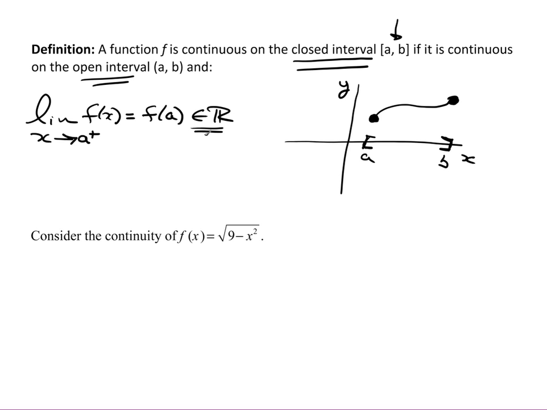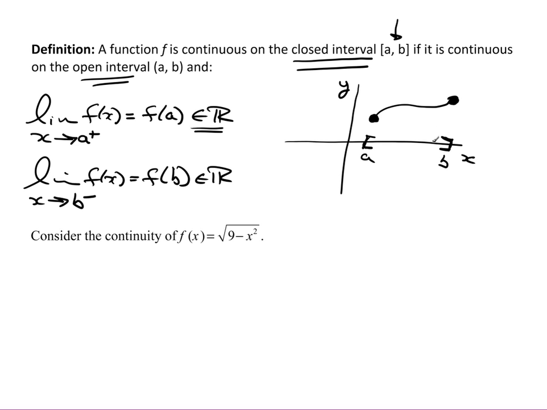This should go without saying. And three, I need the limit as x approaches B from the left of f of x to be equal to f of B, which again is a real number.